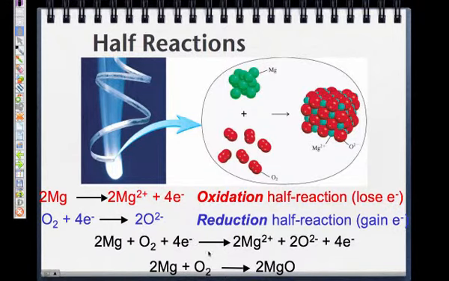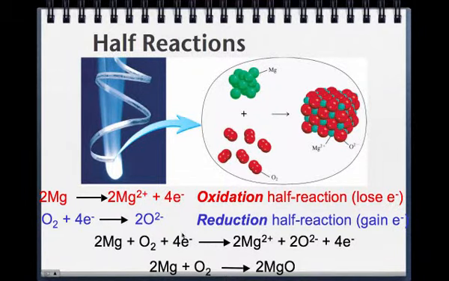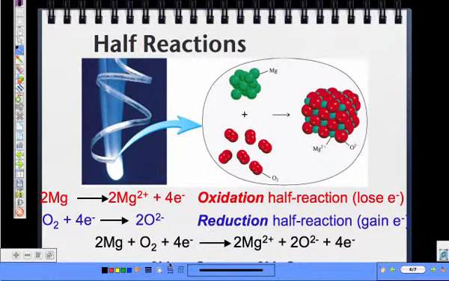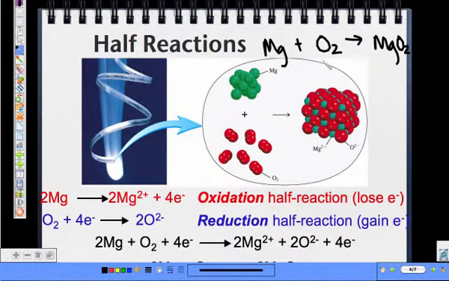And the element that is being oxidized is magnesium. Let's assign oxidation numbers here. Oh, you can't see the bottom equation. Let's write it up here. There, that's the equation that we can't see.